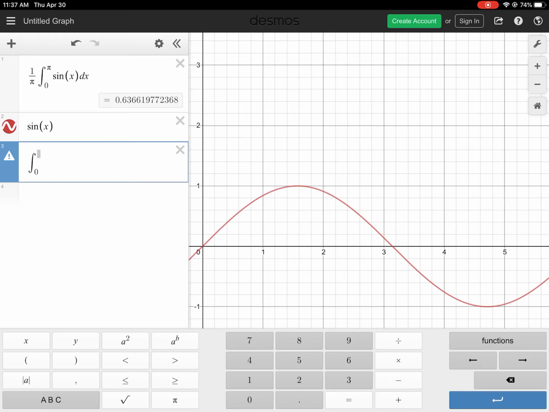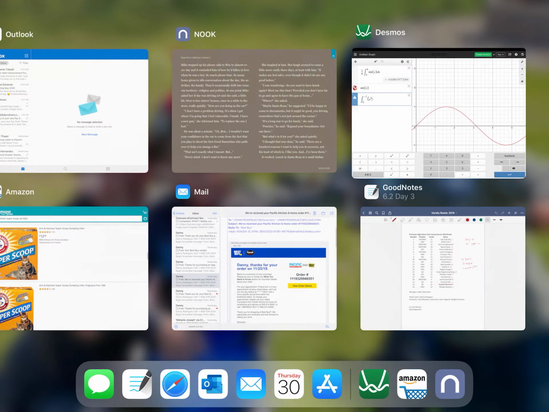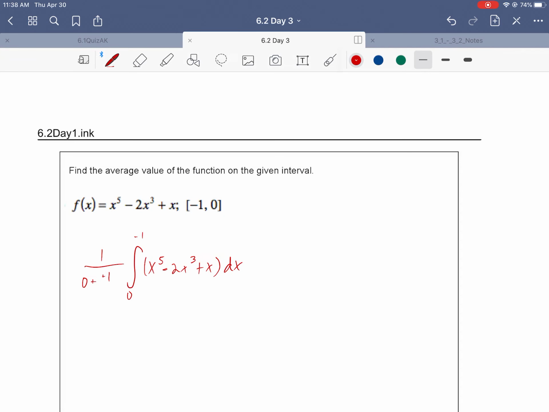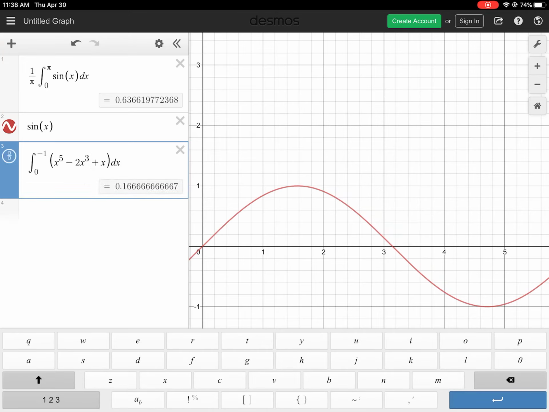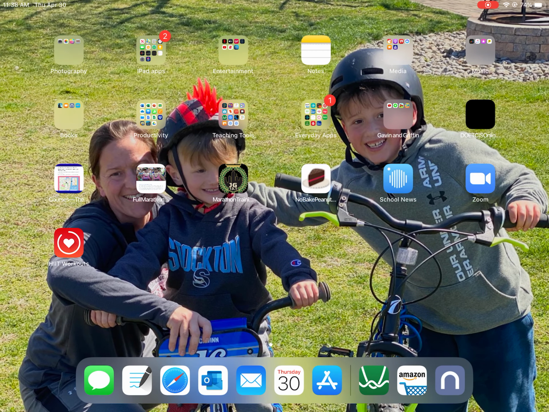So 0 to negative 1, parentheses, x to the fifth minus 2x cubed plus x. And that's 0.17.